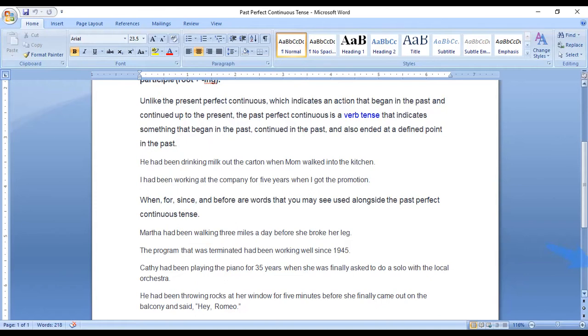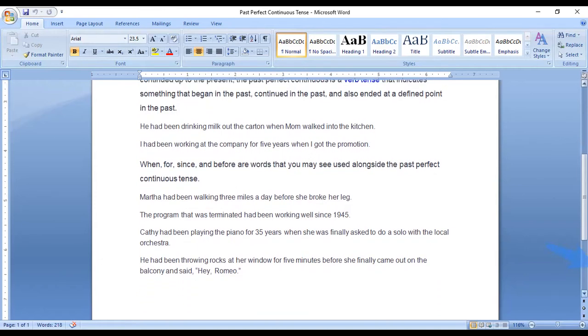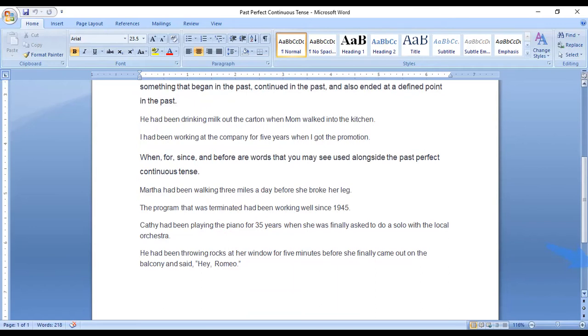Many such examples are given here. I had been working at the company for 5 years when I got the promotion, already given here. When, for, since, and before are words that may be used alongside the past perfect continuous. Generally we say some time references, time-related words, we can use. Here you see when, already we used.